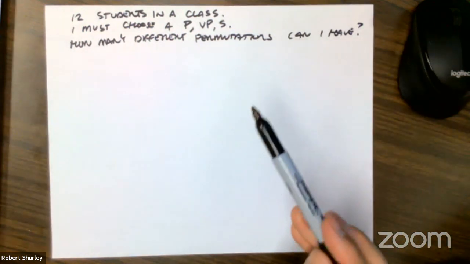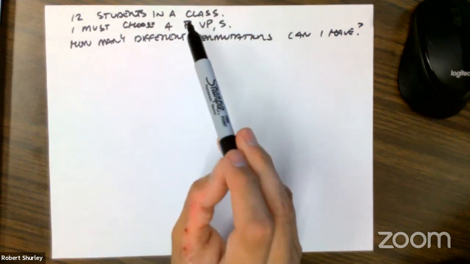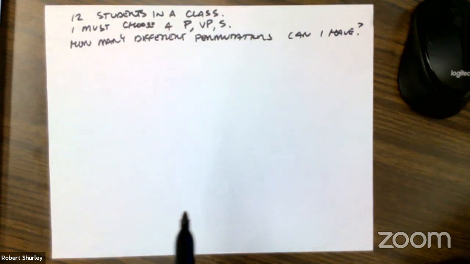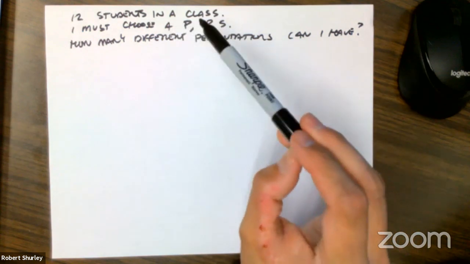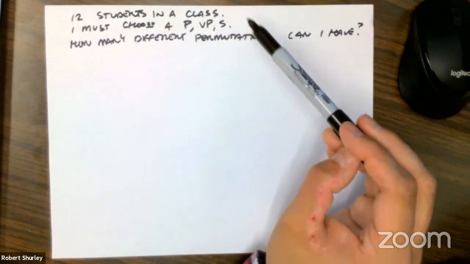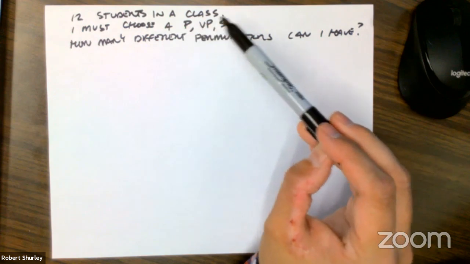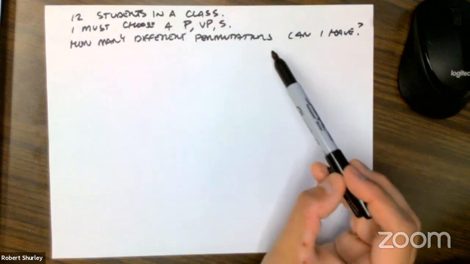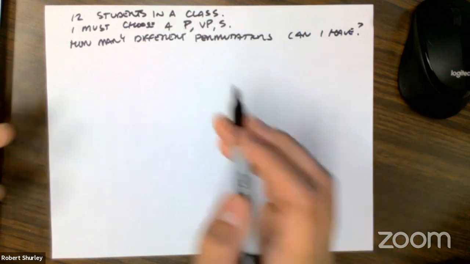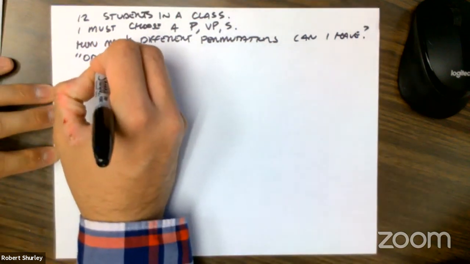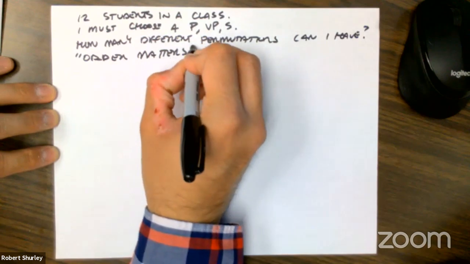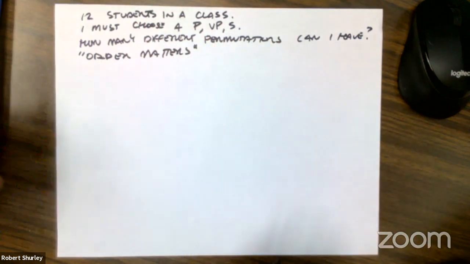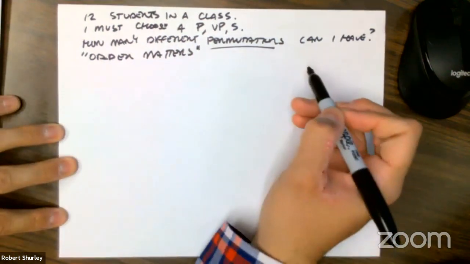Now realize order matters here, because I could choose Jimmy, Joe, and Tom to be president, vice president, secretary, and flip that around and say Tom, Jimmy, Joe, and it's a totally different permutation. So look, order matters. I'll do one here in a minute where order doesn't matter in the same kind of situation. Order matters, so that means we have a permutation.